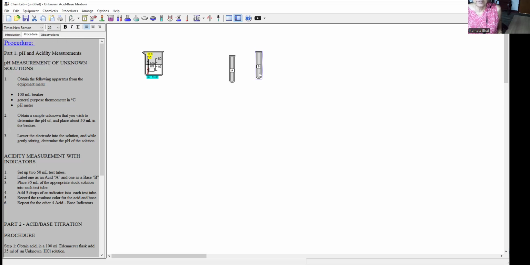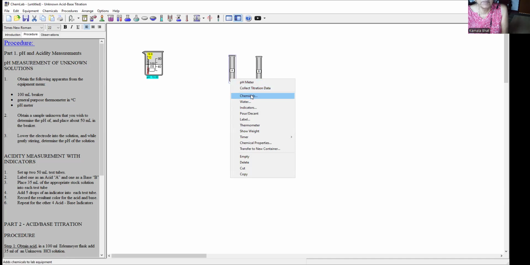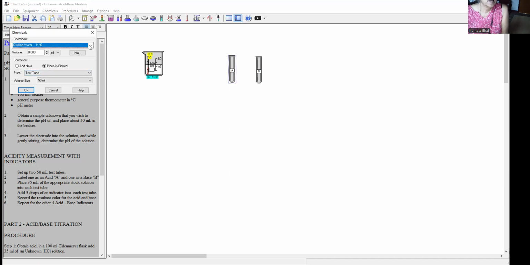Then into this, you add 35 mLs of the stock solution. So go to the chemicals and then, okay, let's go with the first one anyway.